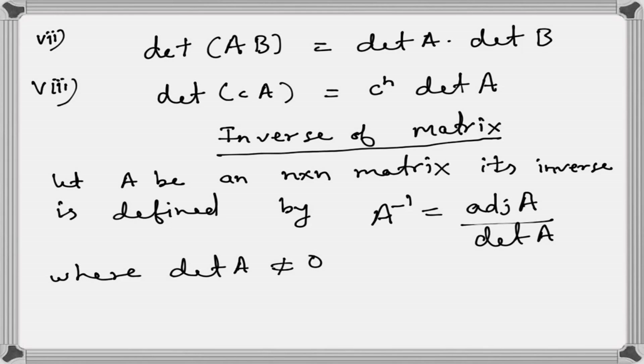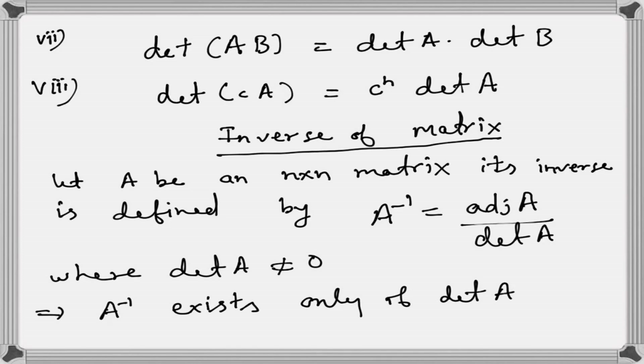So this means A inverse exists only if determinant of A is not equal to 0.